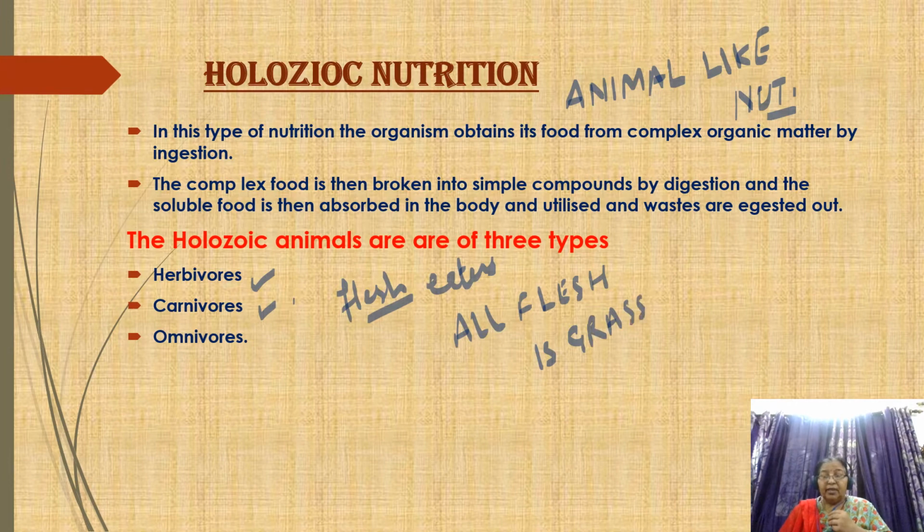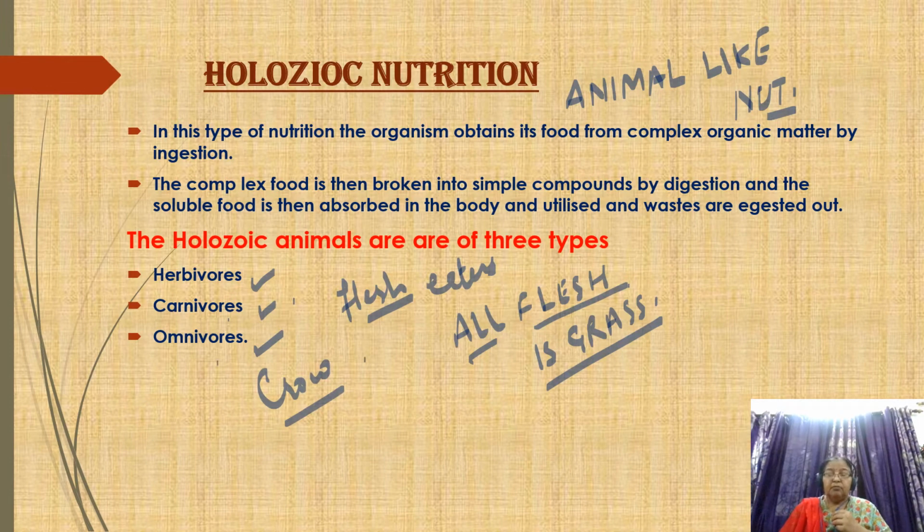So all flesh is grass. Clear? So ultimately carnivores are also dependent on autotrophs. Omnivores like crows and human beings can eat both plants as well as animals or flesh.